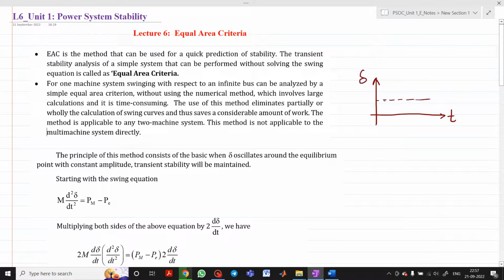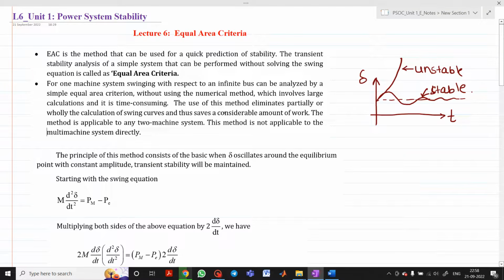So if your load angle delta increases then decreases, oscillates, and then becomes steady state, then the system is called stable. On the other hand, if the load angle delta of a two machine system goes on increasing continuously without any limit, then the system is considered to be unstable. So this is the region which shows that the system is unstable, and this is the region which shows that the system will be stable.